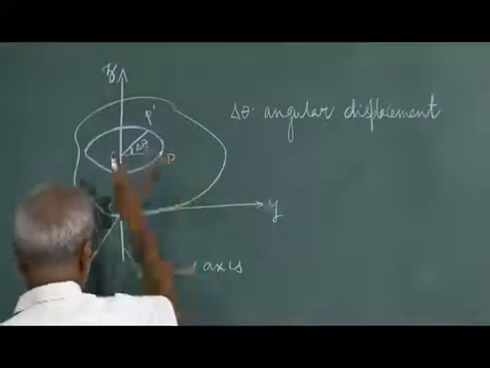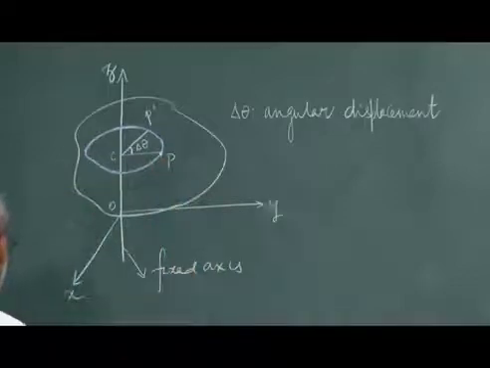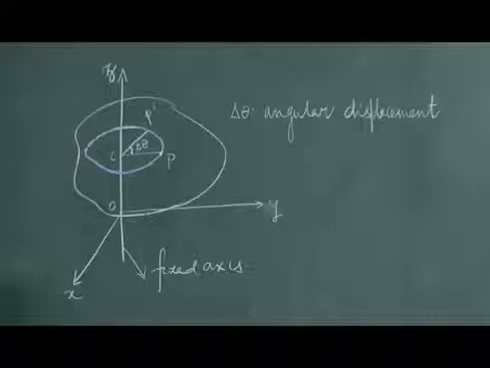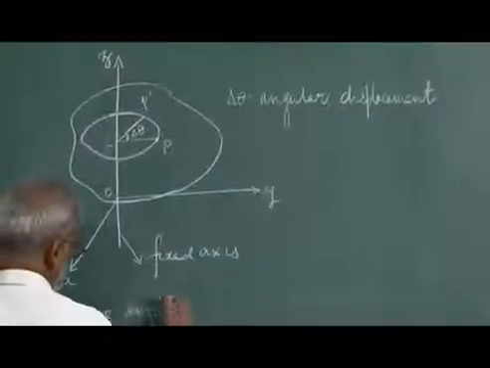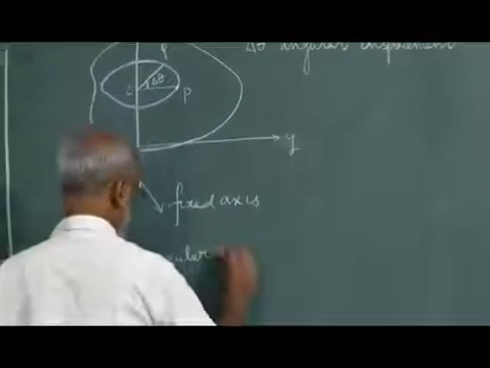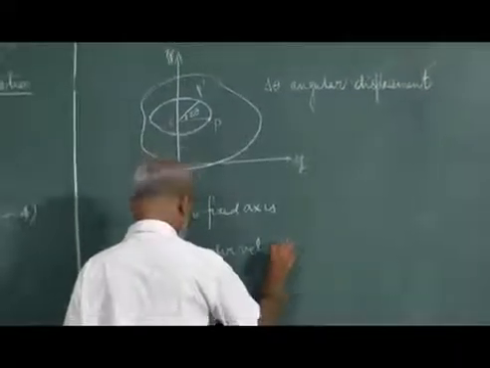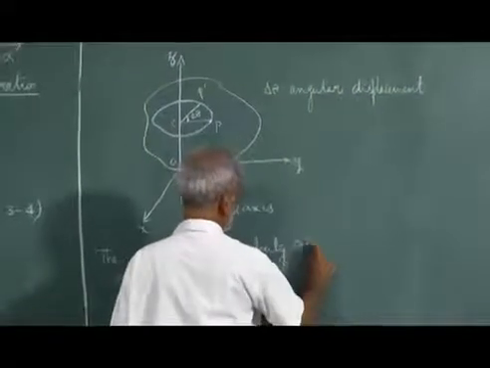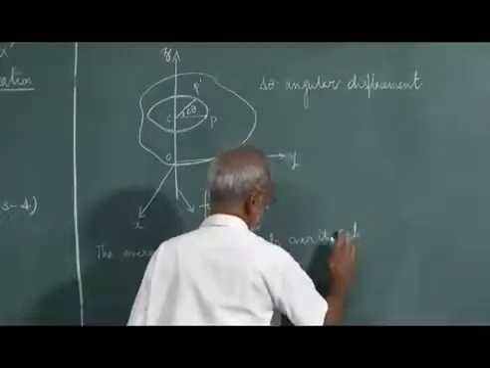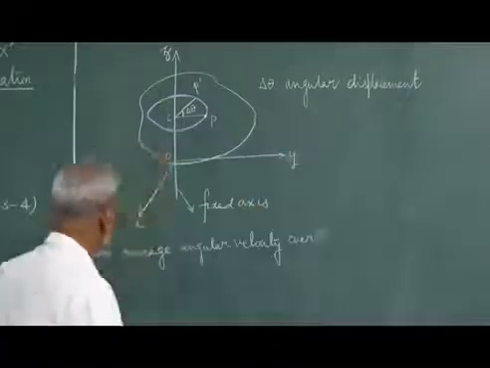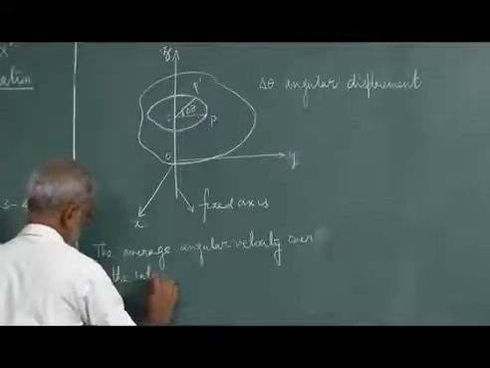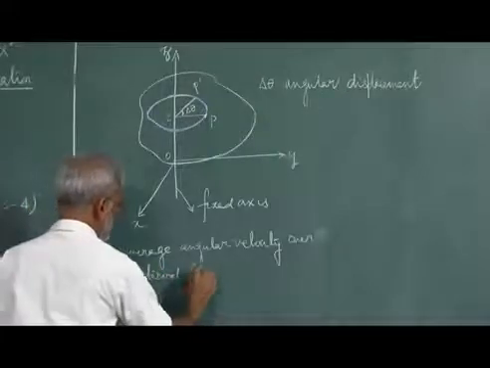About this axis this rigid body is rotating, and now there is a concept which books generally do not care much about, but I think we should: the average angular velocity over the interval delta t.